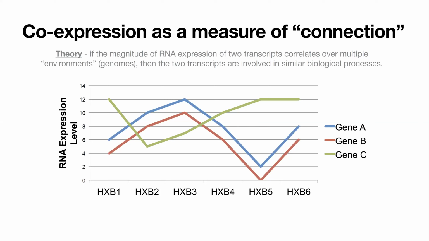So if gene A is increased under stress and B is also increased under stress, or A is reduced under hypoxia and so is B, if they tend to react in a similar manner across these multiple environments, the likelihood that they're doing similar things in the cell increases.